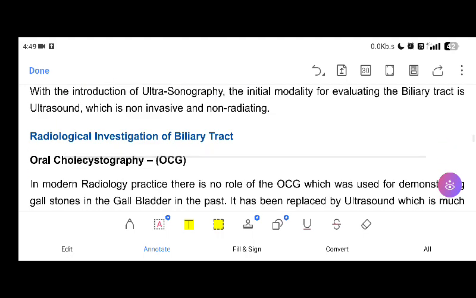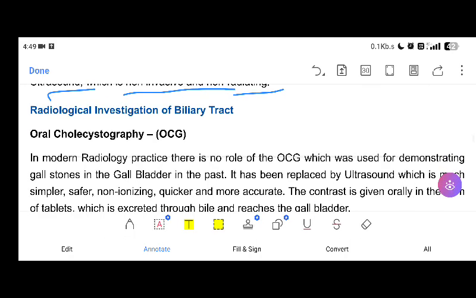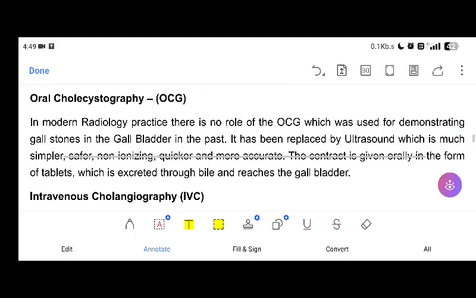With the introduction of ultrasonography, the initial modality for evaluation of the biliary tract is ultrasound, which is non-invasive and non-radiating.